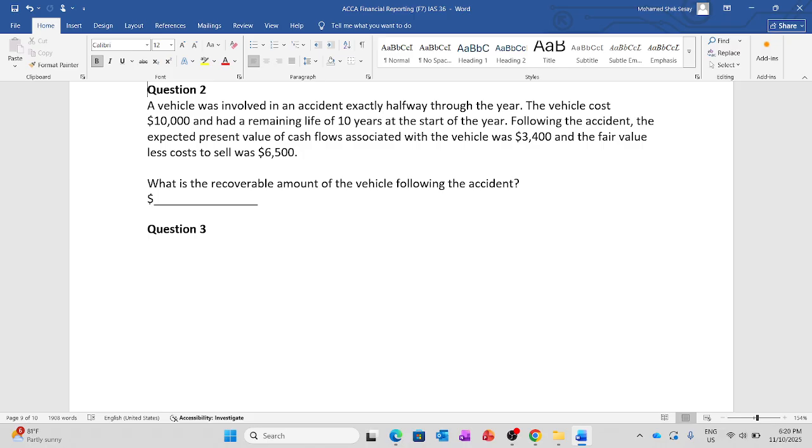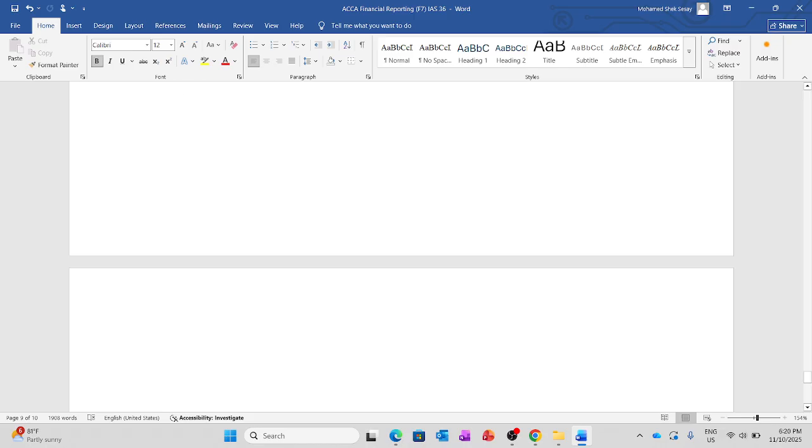The question is, what is the recoverable amount of the vehicle following the incident? Simple. So you can either take the 3,400 or the 6,500. Which one do you want to take? When we are going to solve it in the live online session, I'm going to show you which one I'm going to take. So you are going to do the same.